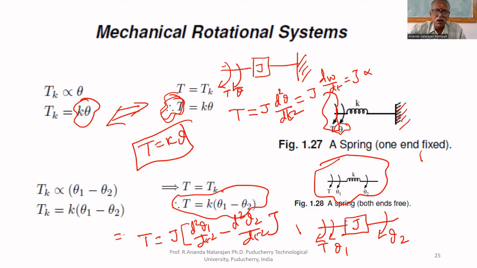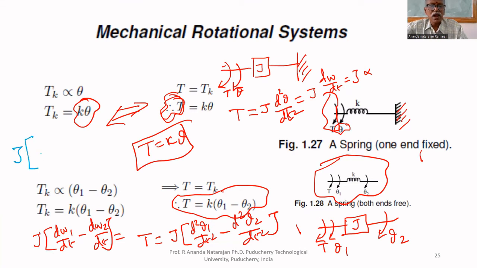Or this can also be written as J(d omega 1 by dt minus d omega 2 by dt), or J(alpha 1 minus alpha 2). That's all.